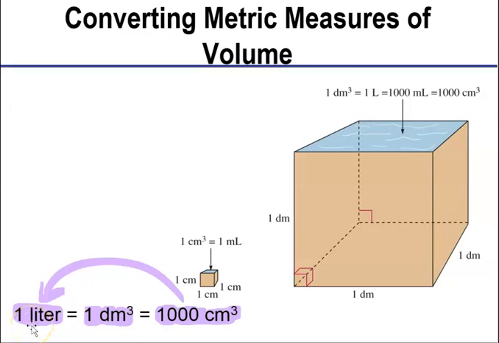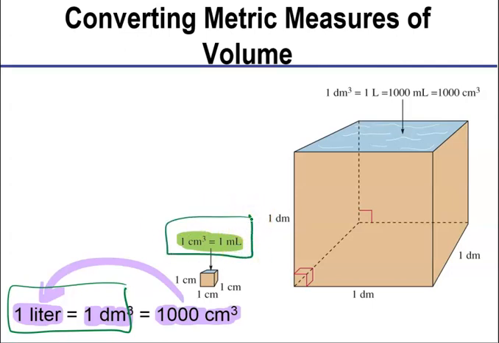Does that help us? Is that what we need to know? We're dealing with milliliters. Notice in green is really the important detail we need to know. I think it would help you the most to remember that the conversion here is that 1 liter is 1 decimeter cubed and 1 milliliter is 1 centimeter cubed.